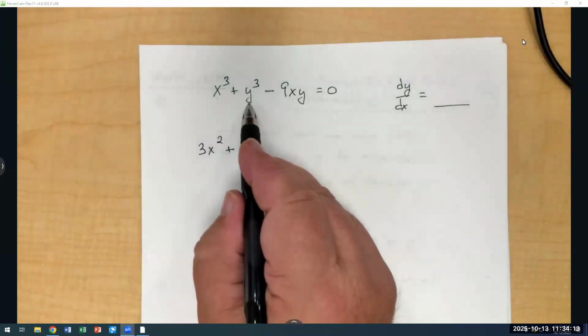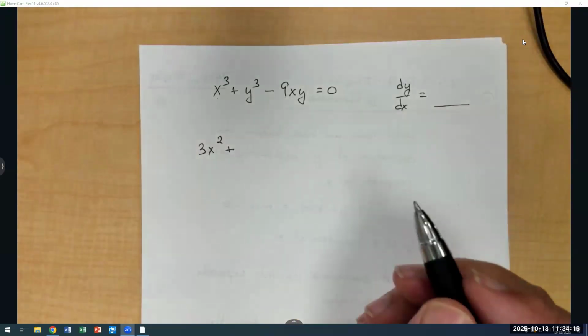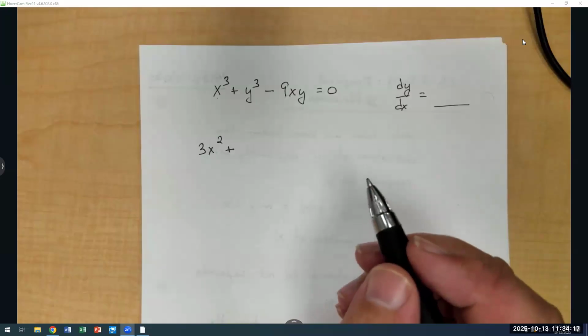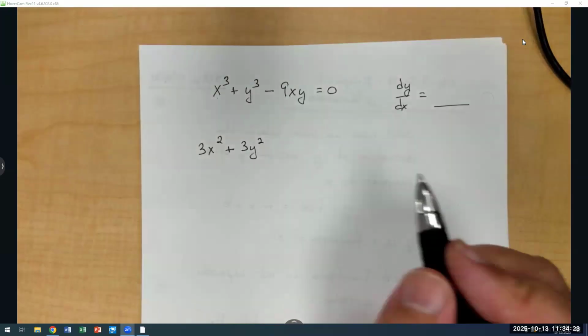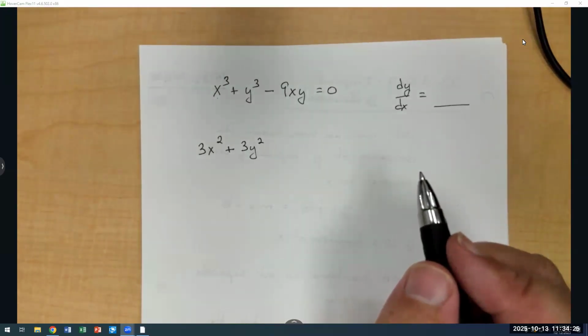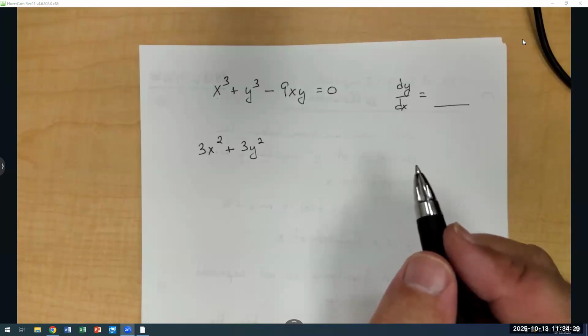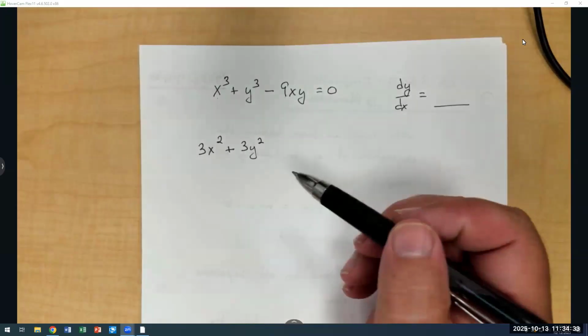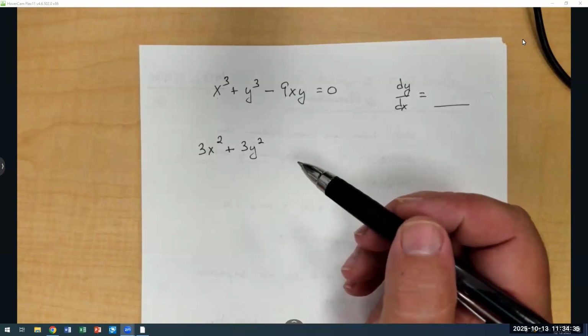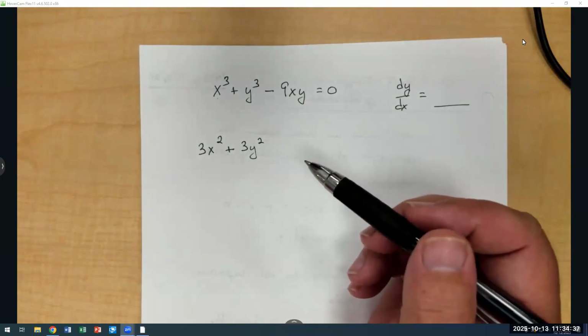The next one, what's the derivative of y cubed? 3y squared. And remember, y is a function of x. What's the rule say about taking a derivative of y?